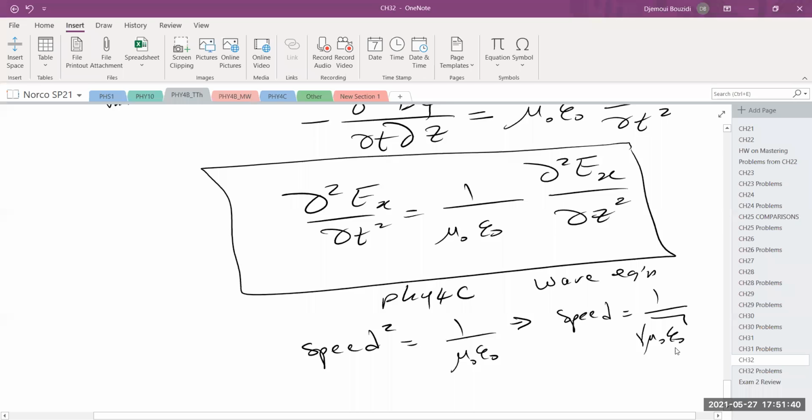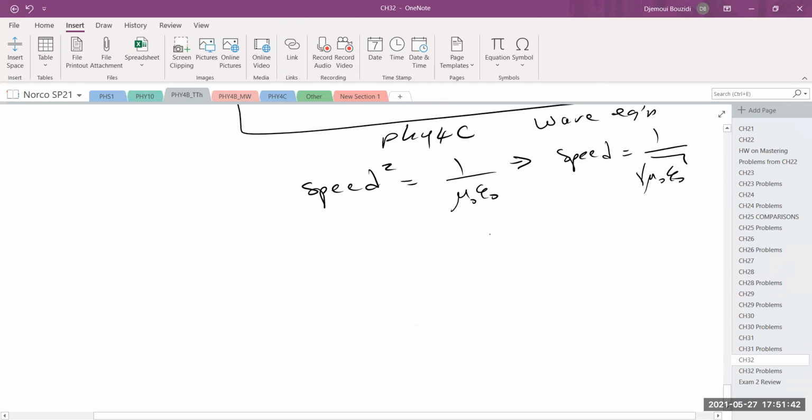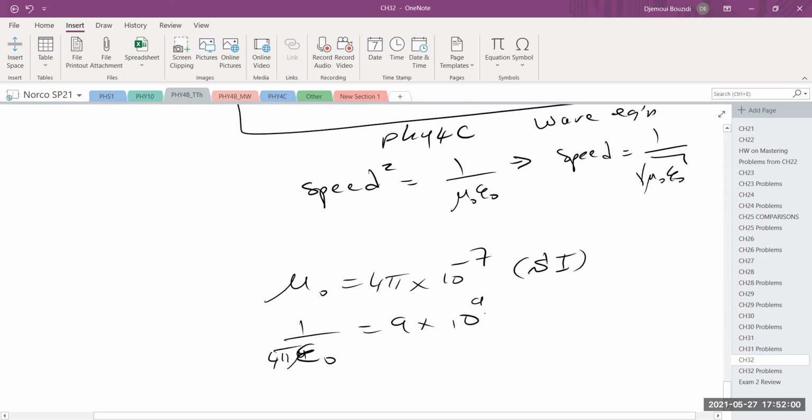Let me remind you of some values. We know that mu naught is equal to 4 pi times 10 to the negative 7 in SI, whatever units of SI, meter, kilogram, and second, and ampere, and everybody else, okay? 1 over 4 pi epsilon naught was 9 times 10 to the power 9, basically.